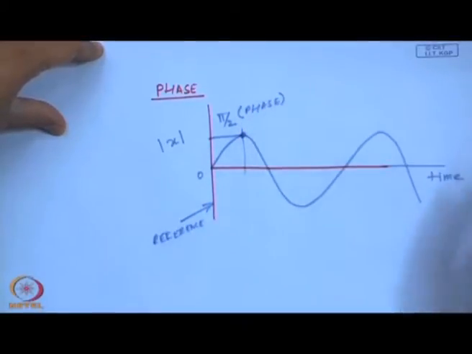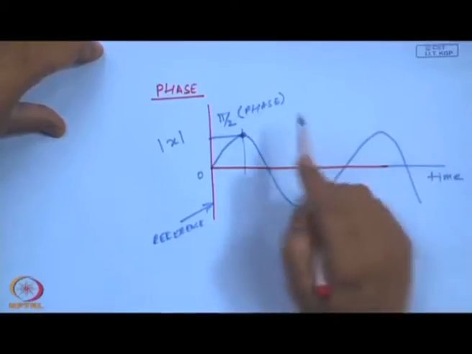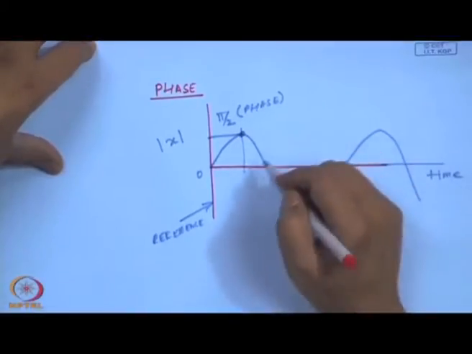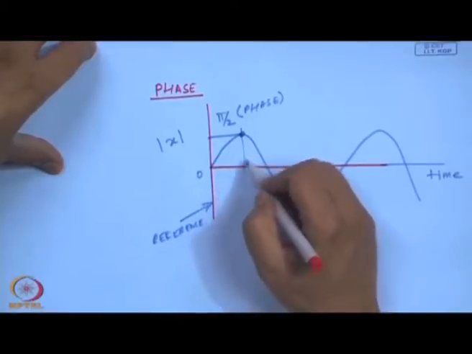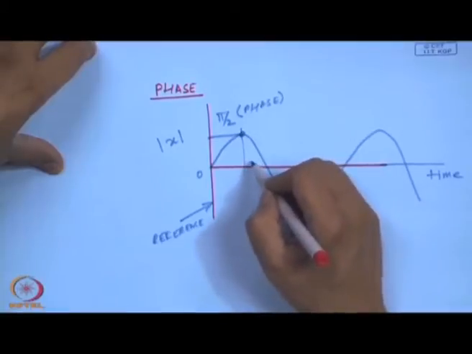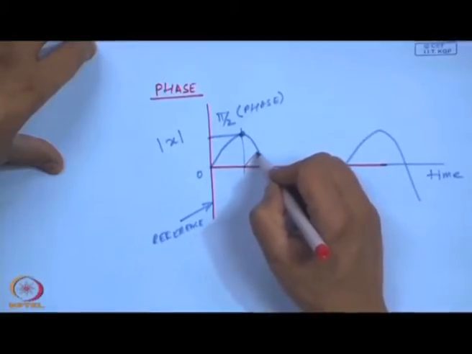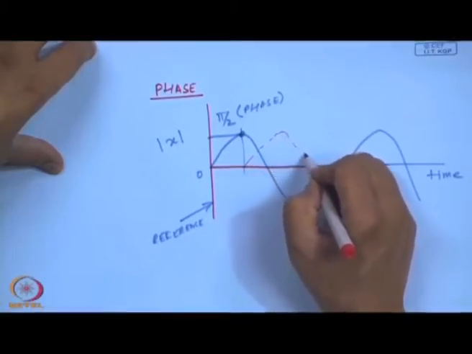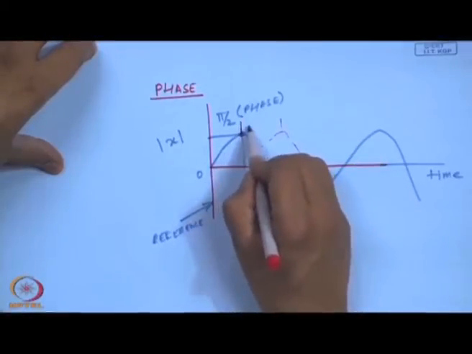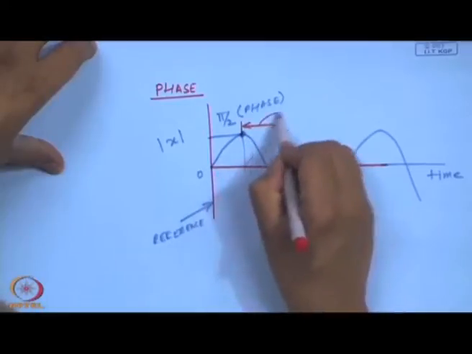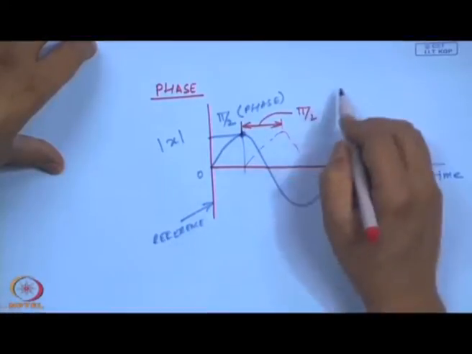Now, the question is, if I have many signals, say another signal, there is also of course a phase difference between them. I will not draw another signal, maybe I will just okay. There is the phase difference, maybe between the blue signal and this, and this is the phase difference.